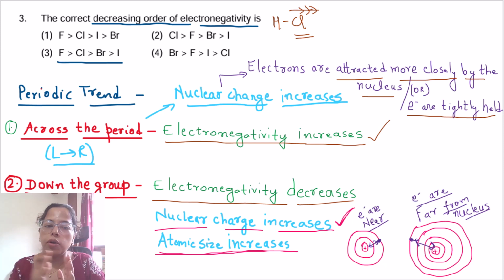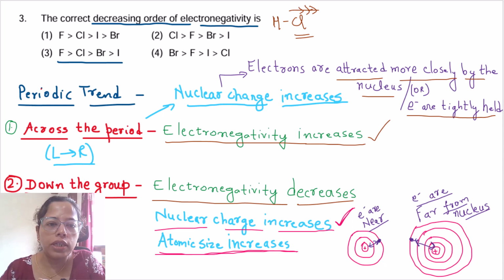So across the period electronegativity increases, down the group electronegativity decreases. That is the logic and reason behind this. You can also say in other words that atoms or ions which are smaller in size have electrons more close towards the nucleus, held more closely together, and that is why their electronegativity is very high.